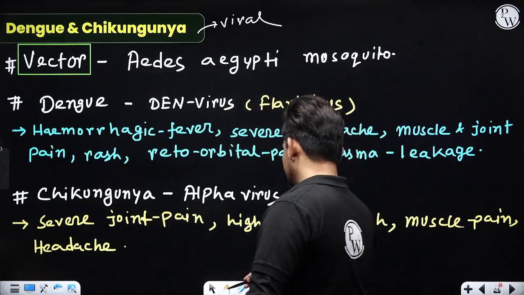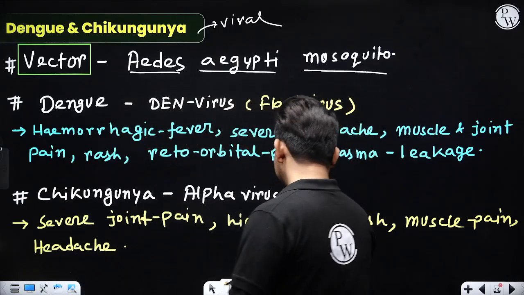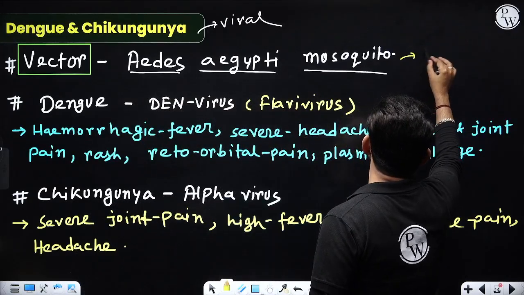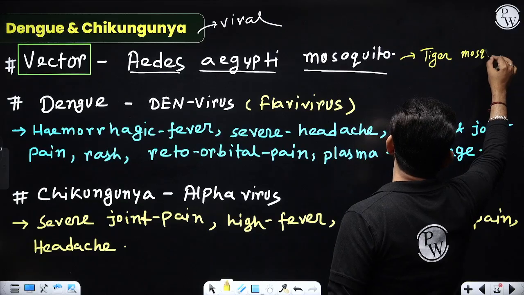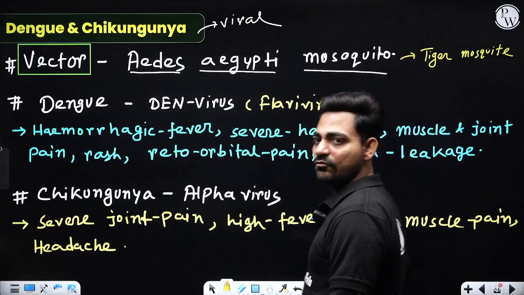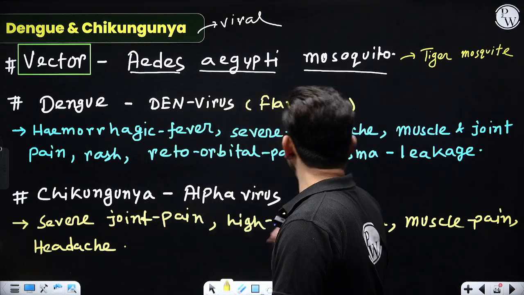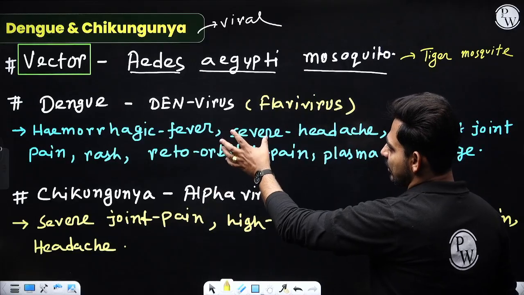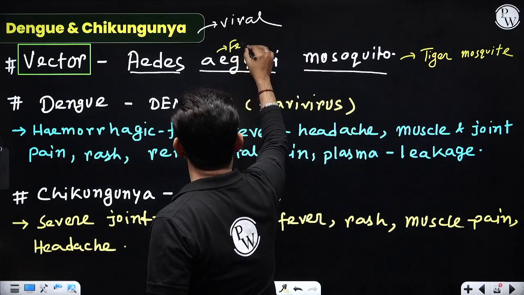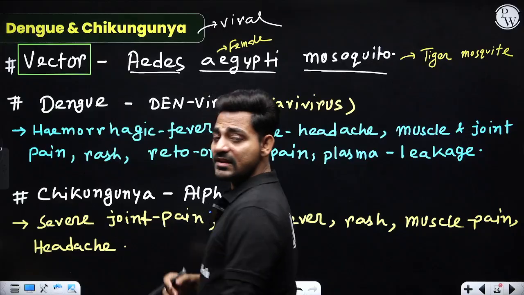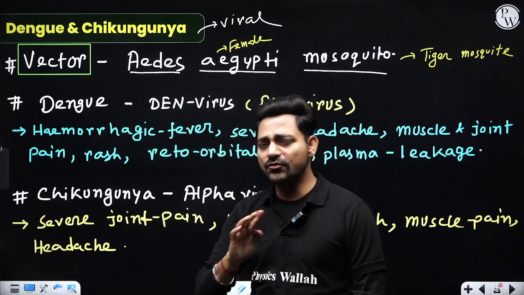So here, the Aedes aegypti mosquito, also known as tiger mosquito, because they have white and black stripes on their body, that's why we call them tiger mosquito. Specifically the female. See, female mosquitoes bite us, it's never the male mosquitoes, they don't need our blood.